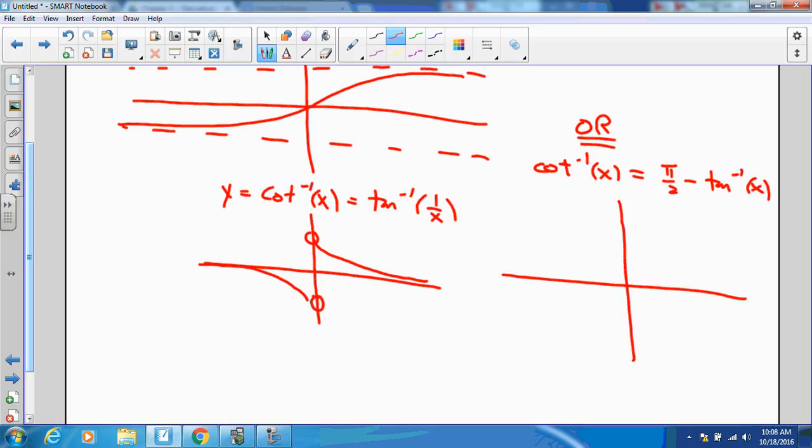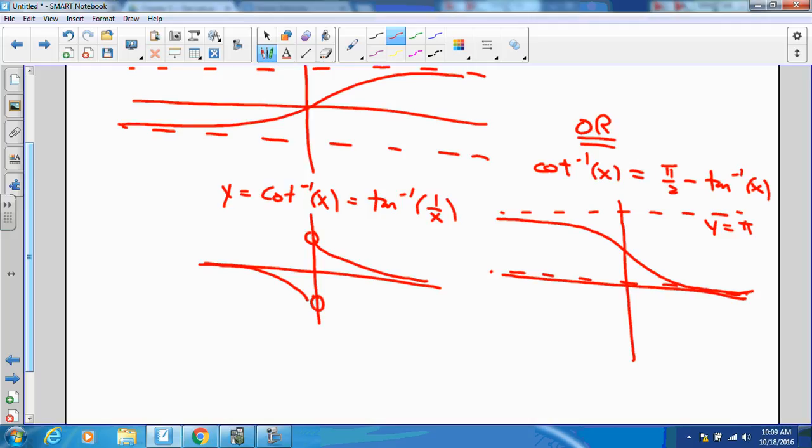If I take all of these values and subtract them from pi over 2, then as x goes to infinity, cotangent goes to 0, and it will increase all the way to pi, so that I get a different branch of the relation. Which one is right? It's a matter of definition. Which one is used? Both, depending upon your circumstances.